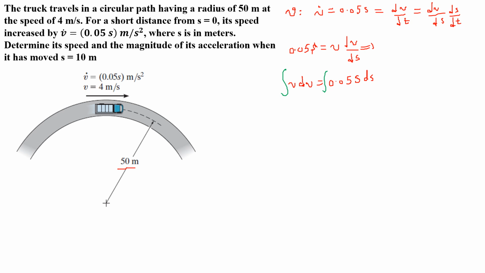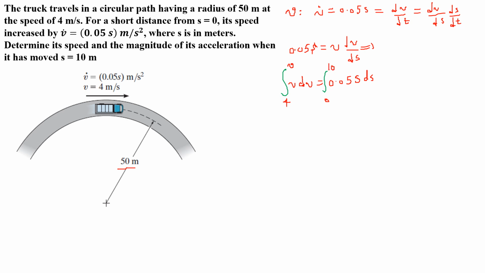The limits for my integrals would be, for v, notice that the initial velocity, when s is 0, we have this 4 meters per second, right? So here we have 4, and we will integrate this to just any velocity, v. And for the distance, it is from 0 to 10.